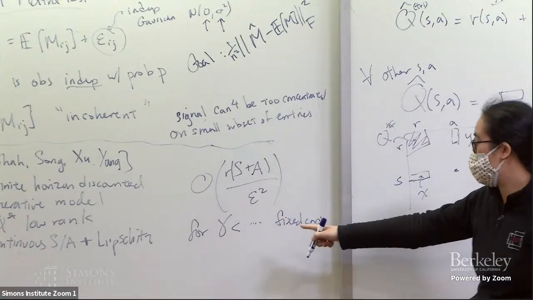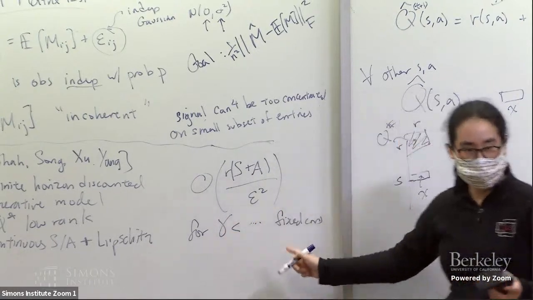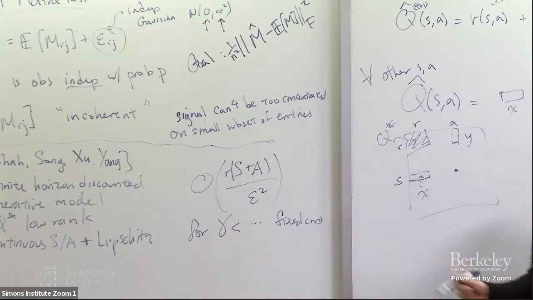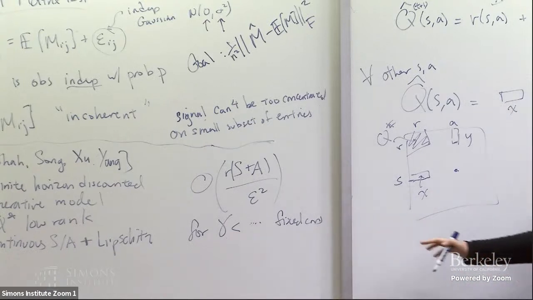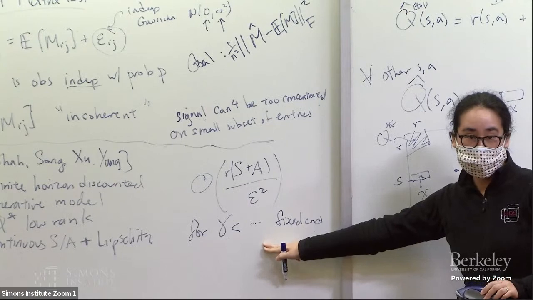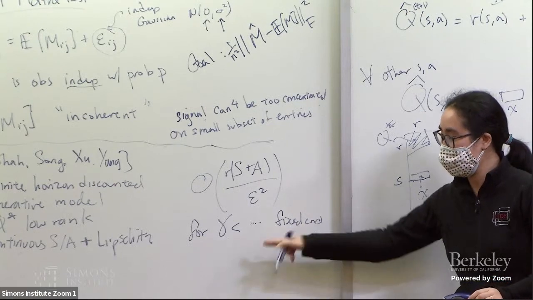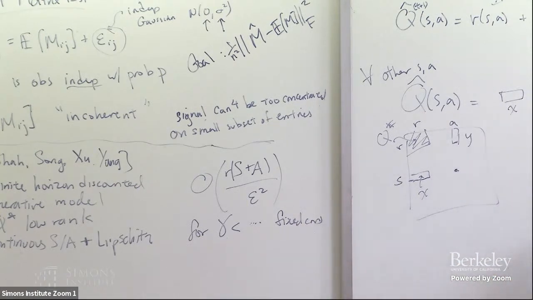The analysis does not extend to longer horizons. It is because when you do the analysis of how the errors propagate, this quadratic form makes the bias blow up exponentially.